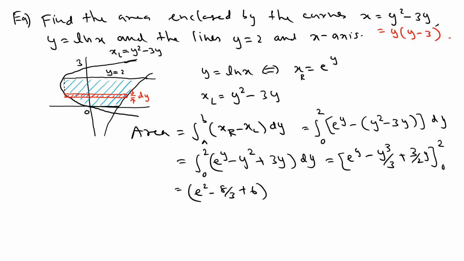That's the first one. Minus, when you plug in 0, you get 1, and everything else is 0. If you simplify, you get e squared minus 7 thirds. And since this is an area, the units are squared. Okay, so that's it. I'm going to give you some practice problems, so you can try these.